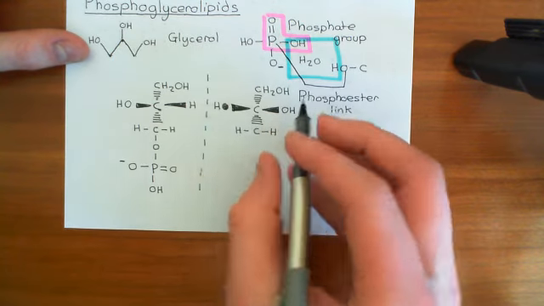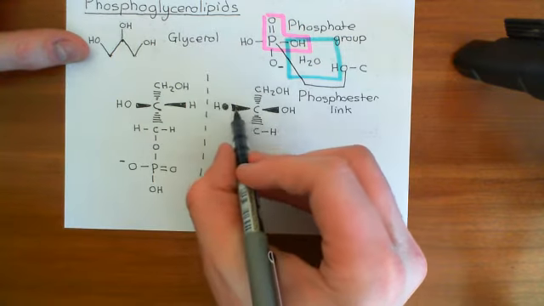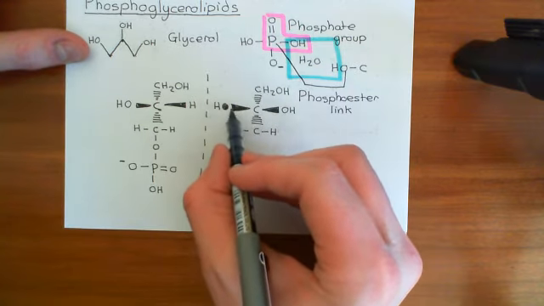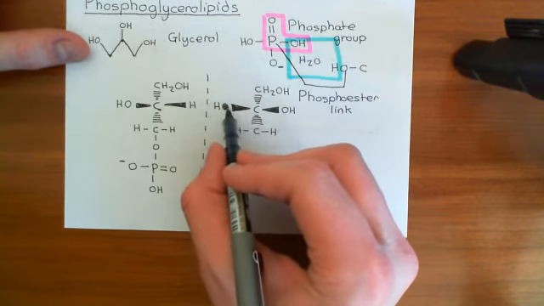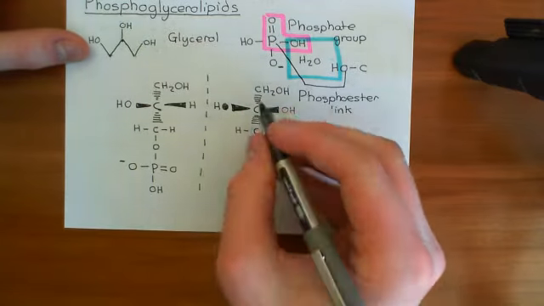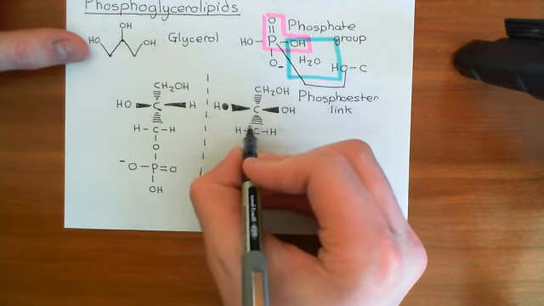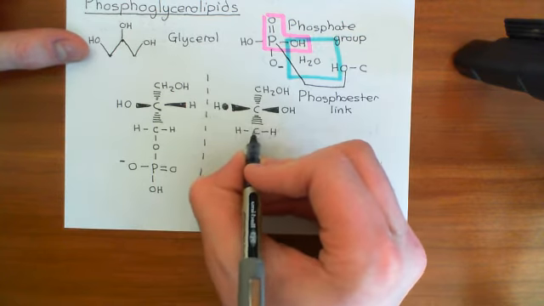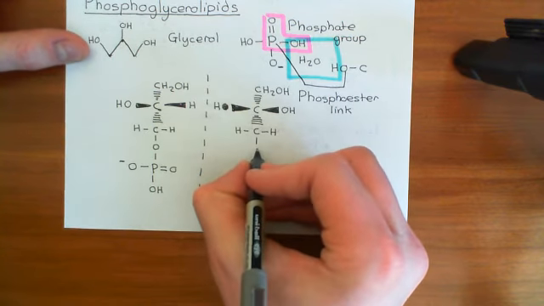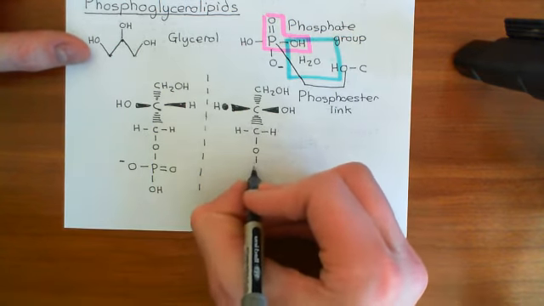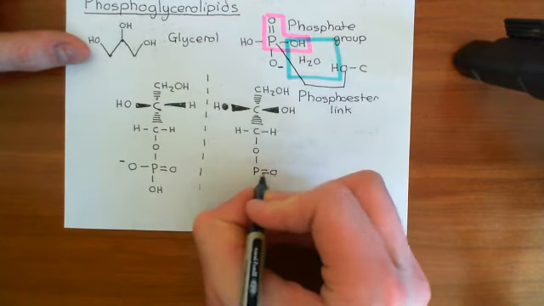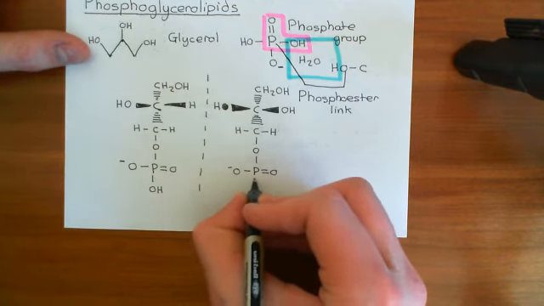And I should have just discussed the fact that when I draw a bond like this, where it's fully coloured in, and it's getting thicker towards the end, that means coming out of the page towards us. When I draw a dashed one like this, it means going into the page away from you. And then off this alcohol group, you then have the phosphate group down here, like so.